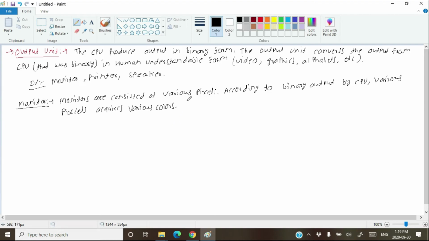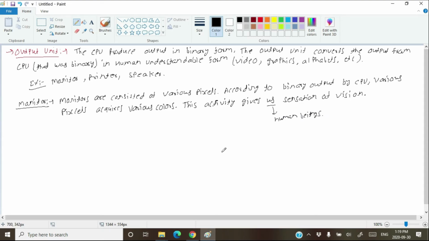And this activity gives us, meaning human beings, the sensation of vision.